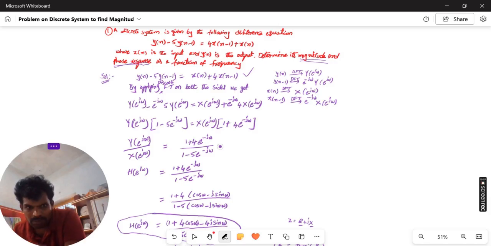When the difference equation is given and we are asked to find the magnitude and phase response, we should apply Fourier transform on both sides of that difference equation. After applying Fourier transform, whatever we get is the transfer function, and from that we are going to derive the magnitude and phase response. Okay, thank you.